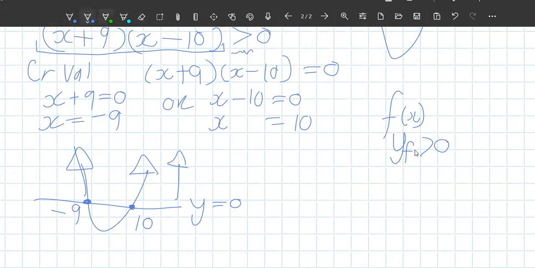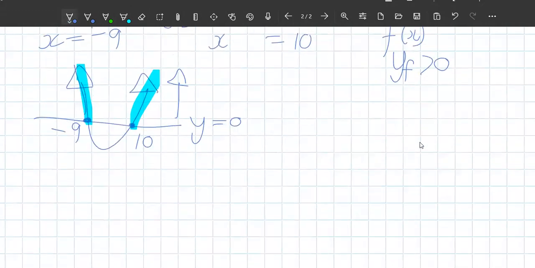So the y's of f over there and over there are going to be larger than 0. So we can deduce that when x is less than our critical value minus 9, or when x is bigger than our critical value 10, we meet the requirements of the question.